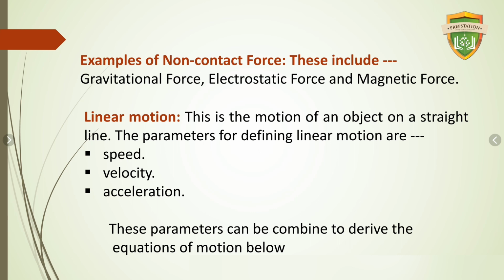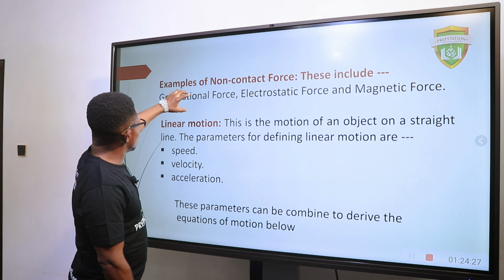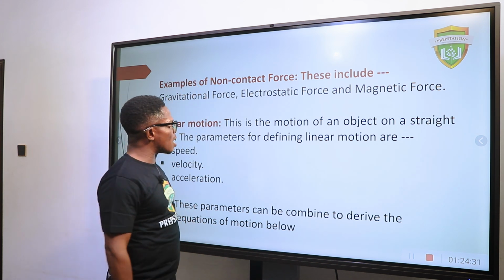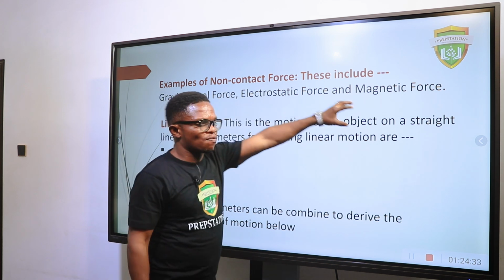Examples of non-contact force: we have gravitational force. If you are on planet Earth, which I believe you are, you are acted upon by what? Gravitational force. It is the force responsible for every object on planet Earth to do what? To come down. Then you have the electrostatic force.